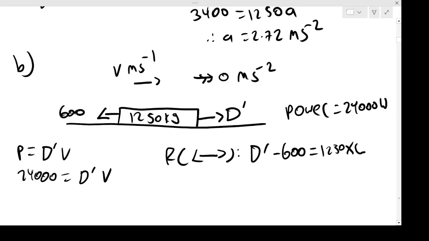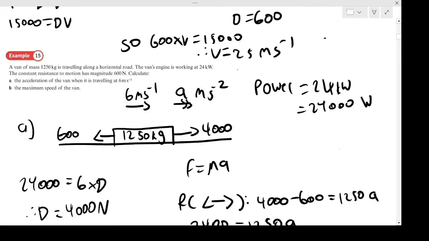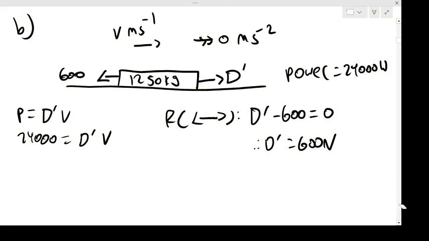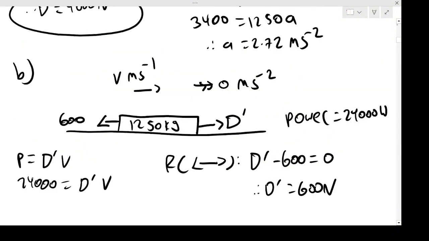The acceleration is 0, so this equals 0. That just means my driving force is now 600. You can see it is different, because my driving force in part A was 4,000 newtons, but now it's gone down to 600.